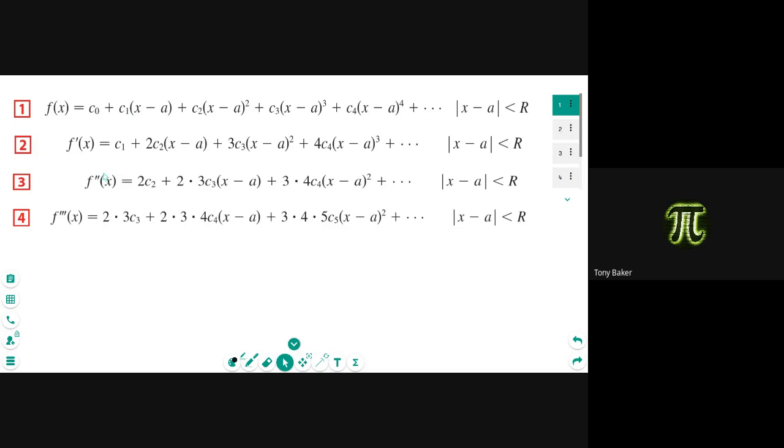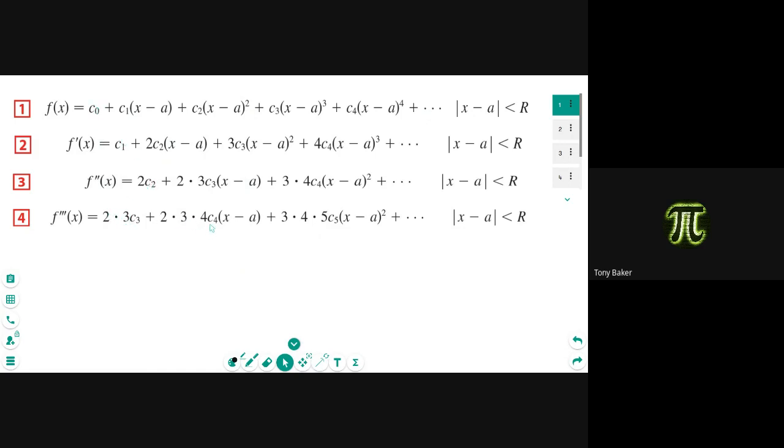All right. The real thing that I want you to look at is whether you see a pattern forming as we keep going. What do you notice happening with the coefficients as we keep going? How are they increasing? It was 1, now 2, then 2 times 3.